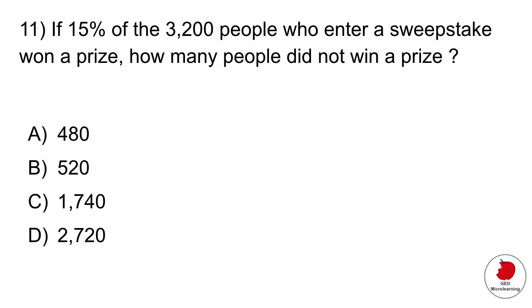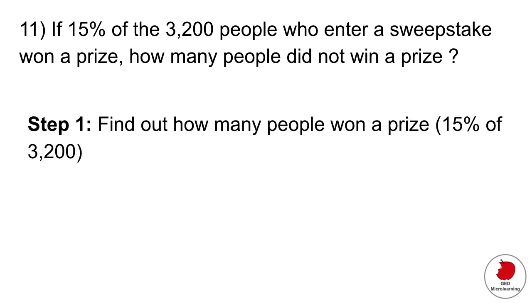Okay, the next set of questions have to do with percents. So if 15% of the 3,200 people who enter a sweepstake won a prize, how many people did not win a prize? All right, so step 1 would be to find out how many people won a prize. So you would multiply 15% of 3,200.